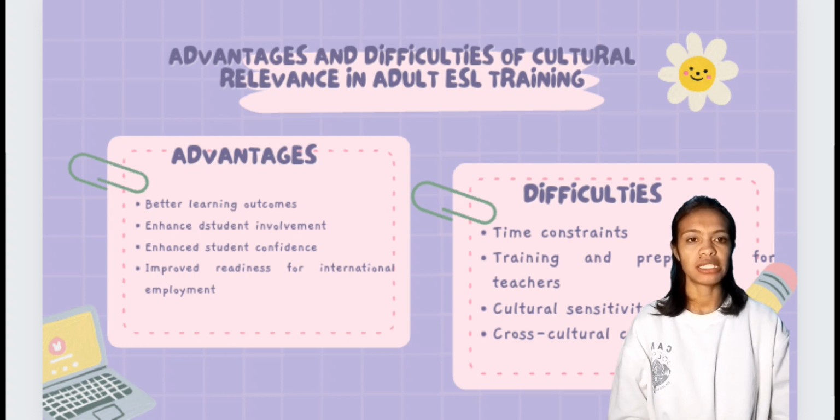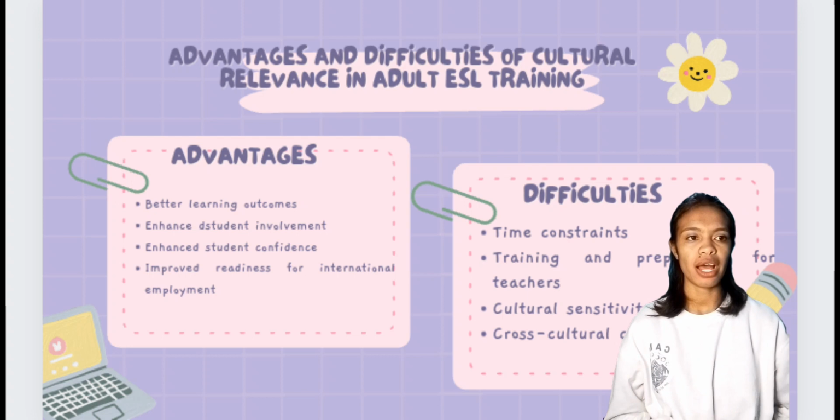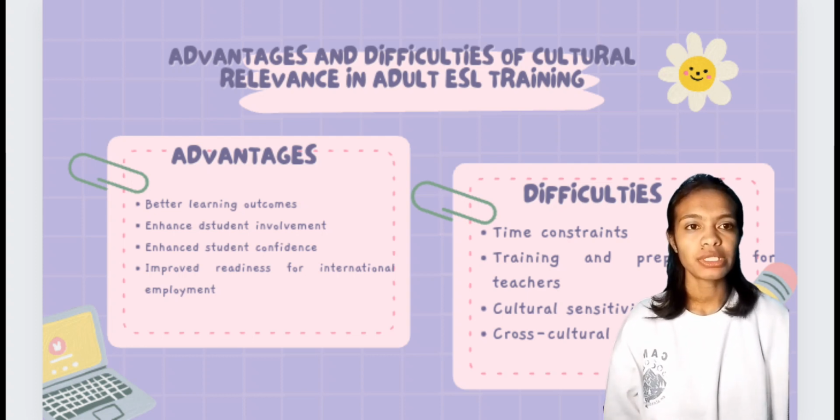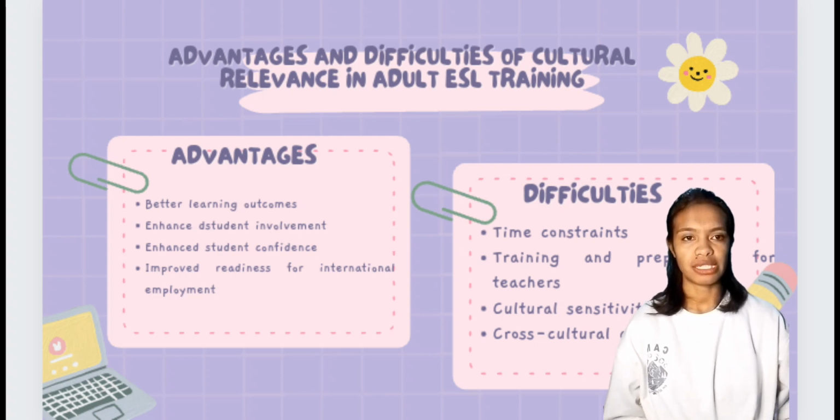And the last is cross-cultural communication. Cultural relevance can also affect how teachers and students interact, necessitating extra work to fully grasp and acknowledge cultural differences. Although adding cultural significance into adult ESL instruction presents certain difficulties, the advantages exceed the difficulties.